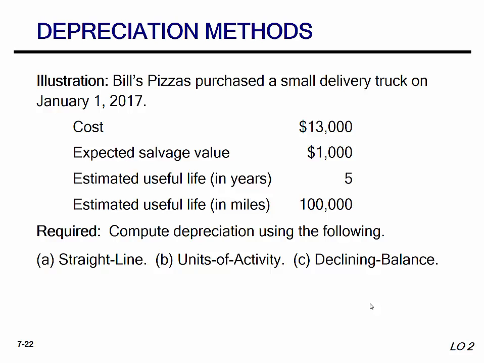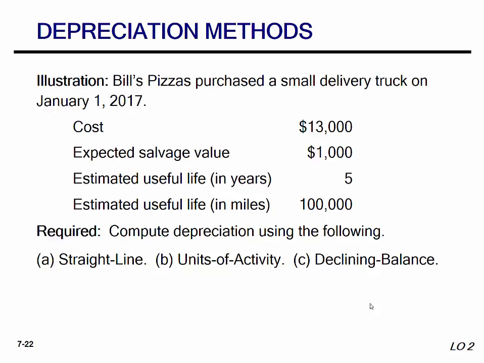That $13,000 is going to be several numbers added up together: the purchase price plus sales tax plus maybe some wrapping or painting of the vehicle. And then we've got the expected salvage value of $1,000. So here I've got the HC, historical cost, $13,000, and the SV, or expected salvage value, of $1,000.